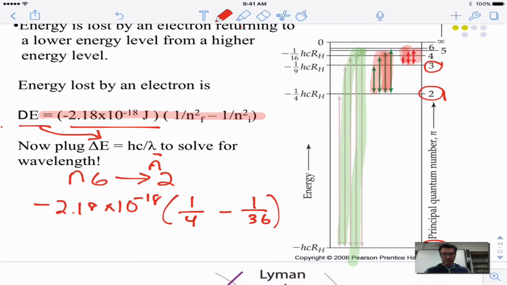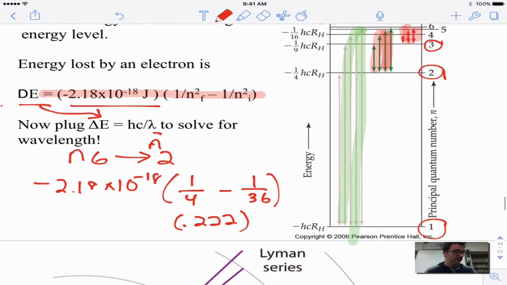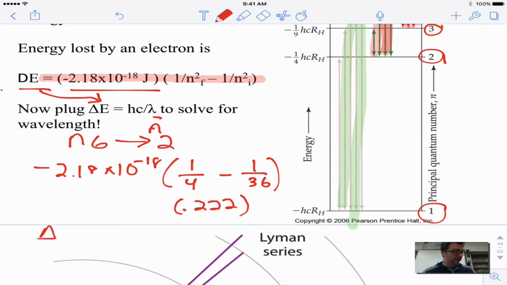And I get a total of 0.222. And then I would multiply that by the Rydberg constant, so times negative 2.18 times 10 to the negative 18th, and I get an energy change, a delta E, equal to 4.84 times 10 to the negative 19 joules.